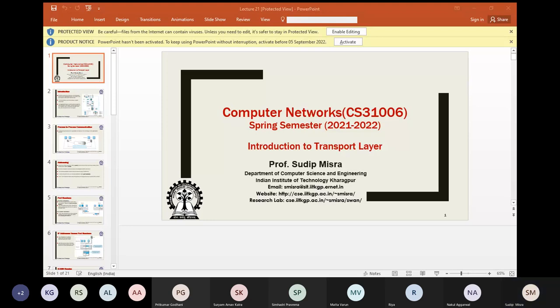But although we can have this many port numbers, in practice only two types of port numbers are used. One is called the ephemeral port number, the other one is called the well-known port number. What is this ephemeral port number?